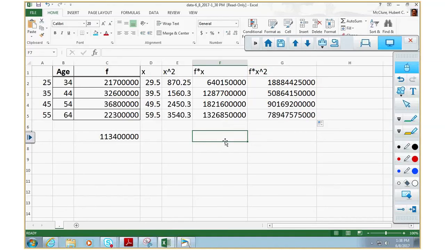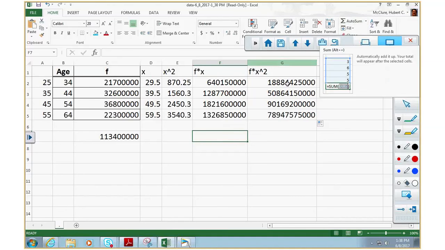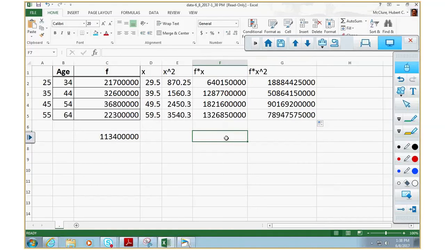And we're going to need those summations. You could probably do the F's in my place. You pretty much can do these pretty simply on the Excel spreadsheet.